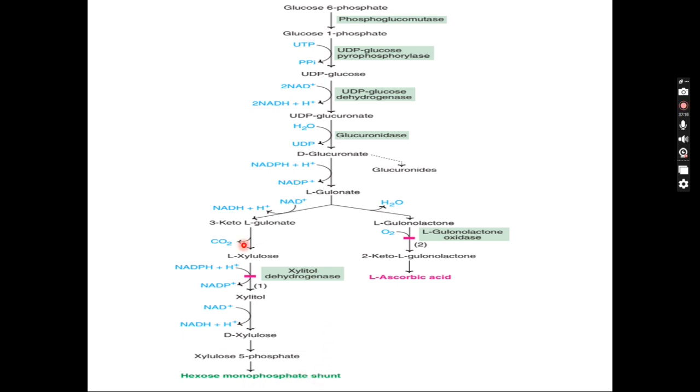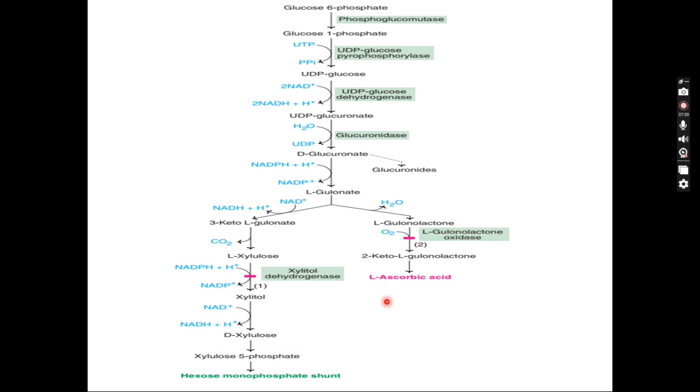That's in animals that have no gulonolactone oxidase. That's the fate of the uronic acid.